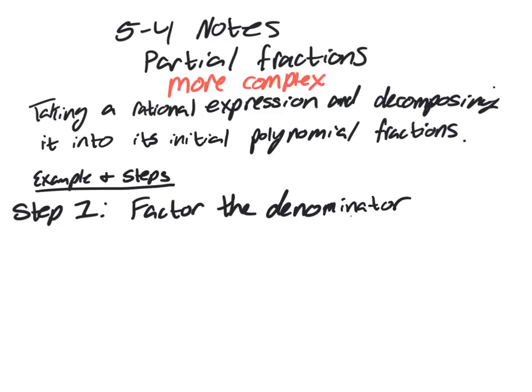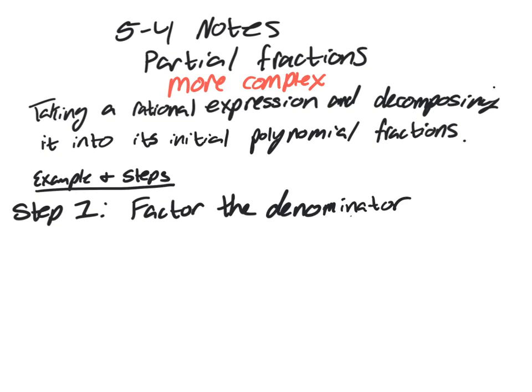So we are going to still be following the exact same steps that we did before. That's not going to change, but there's going to be just a little bit more work to do in certain areas. So we're still going to want to start with factoring our problem.